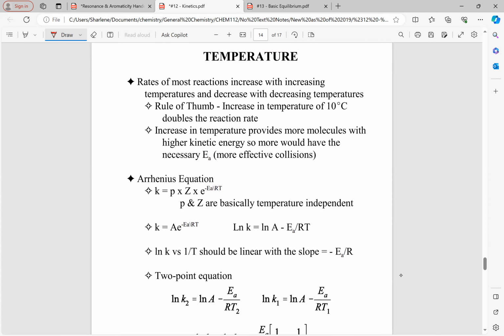What is that going to mean? Well, we need to figure out how to determine the activation energy, and it is dependent on temperature. So we're going to play with a calculation using temperature.